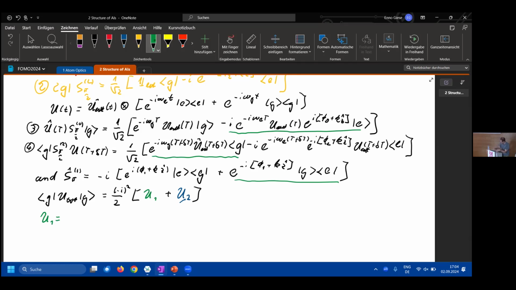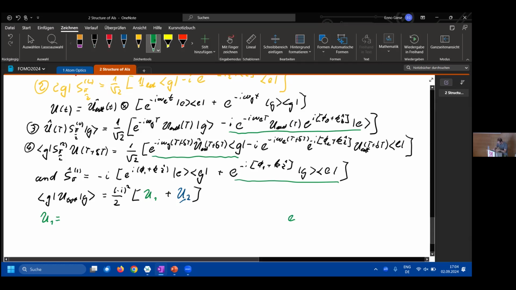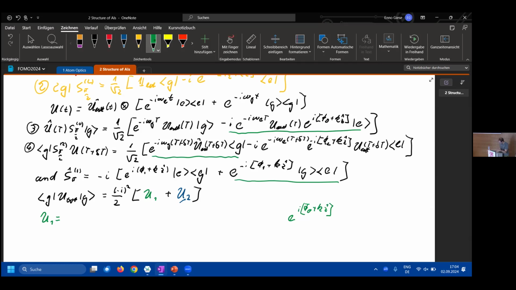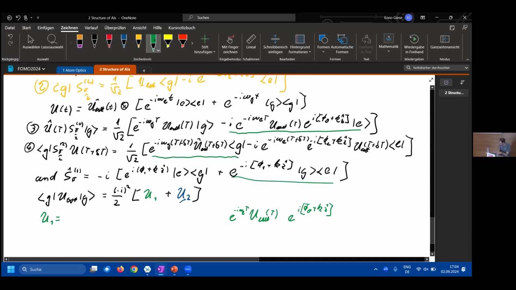U1 is the following. I just have to go from the top to the bottom. U1 is starting with e to the i phi naught plus kz. Then I have the time evolution of the external degree of freedom. Then I get some phase in the excited state. Then the second contribution is now this pi beam splitter. Here, this contribution here. Oh, it erased it. Okay. And that's just reducing the momentum.